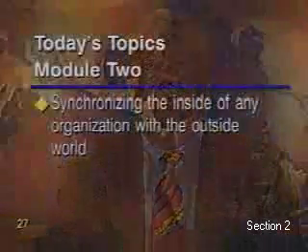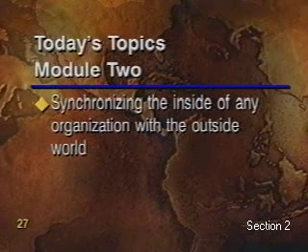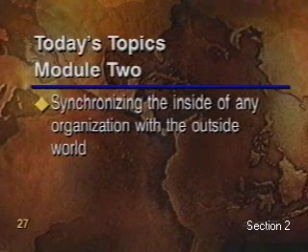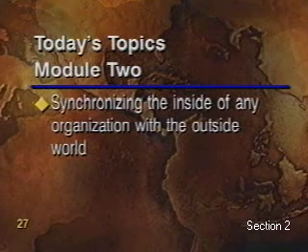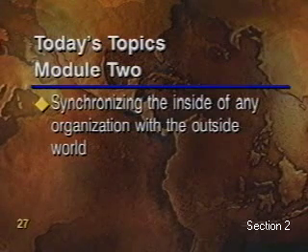Now that you know what it takes to synchronize an organization with the world outside of it, we can discuss the second half of the equation. How an organization synchronizes itself internally so that it is able to capitalize on opportunities in the outside world.